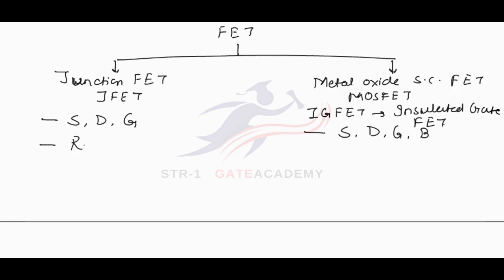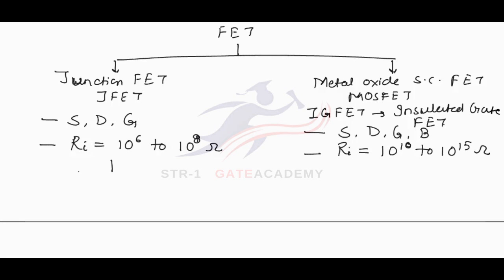Junction field effect transistors have their input impedance in the range 10 raised to power 6 to 10 raised to power 8 ohms, while MOSFETs have their input impedance in the range 10 raised to power 10 to 10 raised to power 15 ohms.